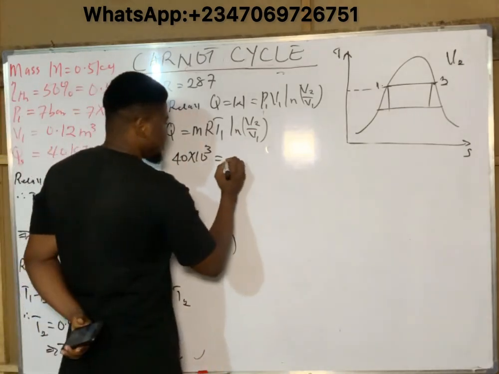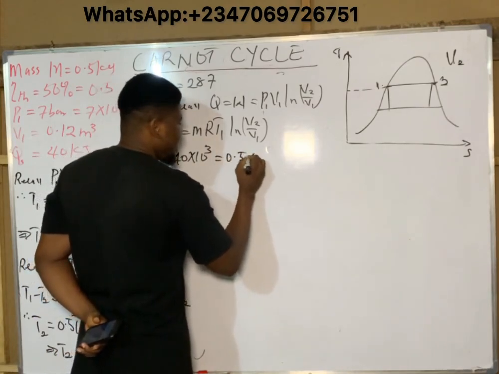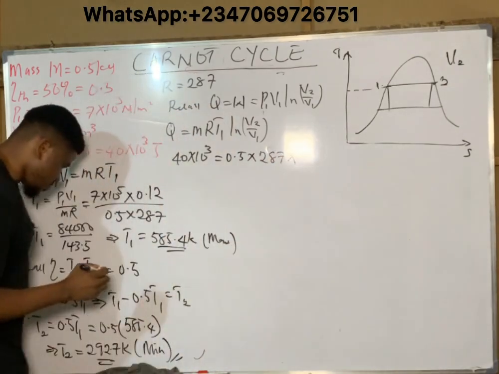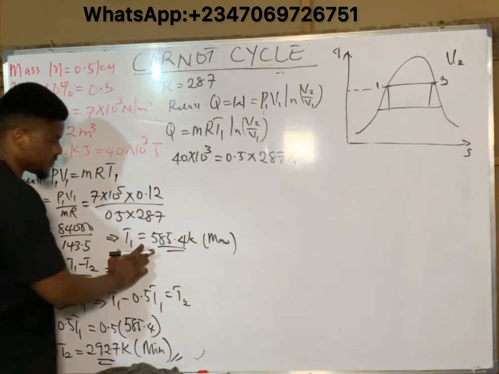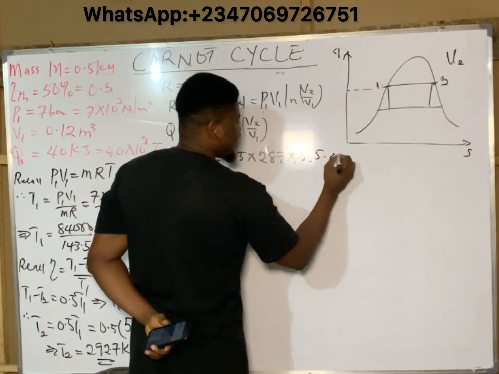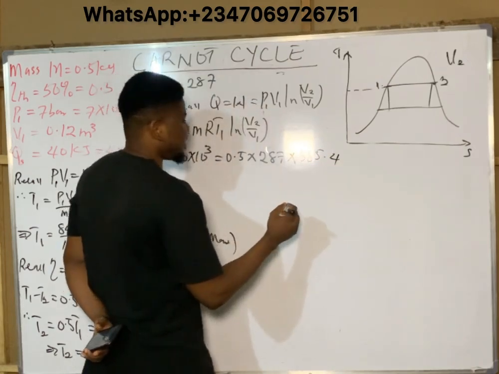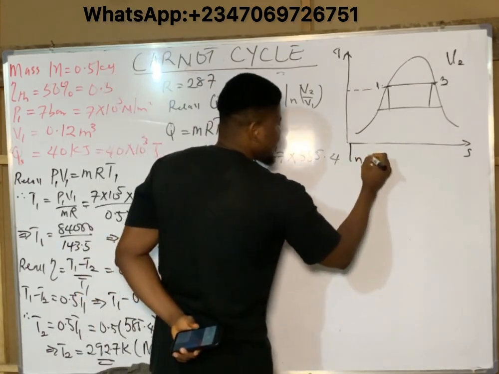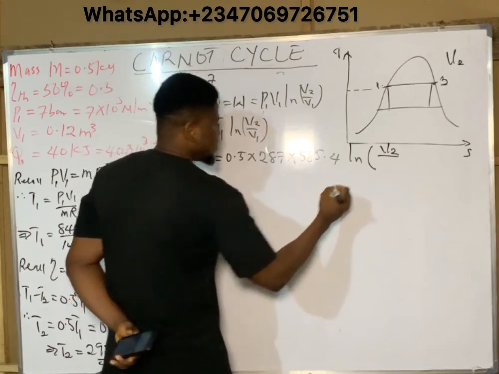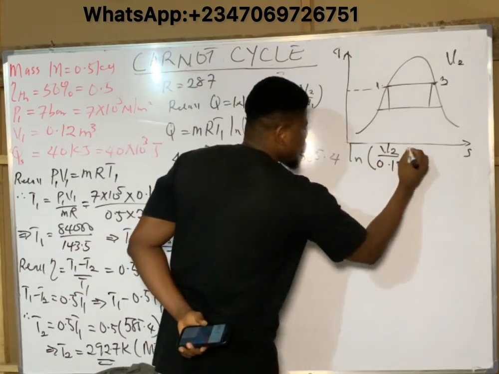Mass was given as 0.5, R is 287, that's constant. The initial temperature T1 is 585.4. Now multiply by ln V2, unknown, over V1, given to us as 0.12.